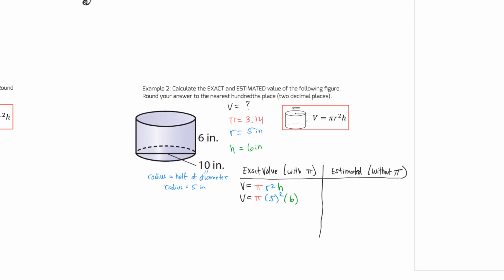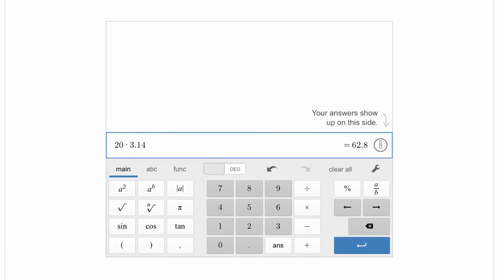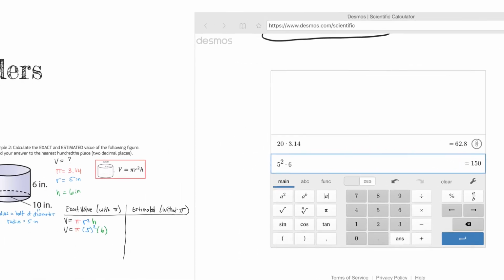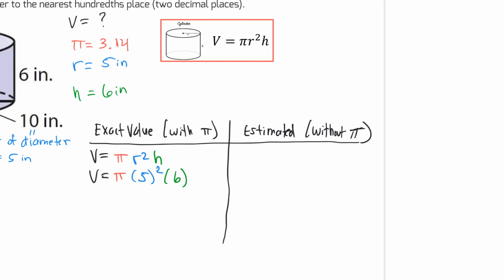Let me do that really quick, just to illustrate. 5 squared times 6, you get 150. So it'll be 150 pi. The volume will be 150 pi inches cubed. Never forget your units. It's inches cubed, to the third power, because it's a 3-dimensional object. We're talking about volume.